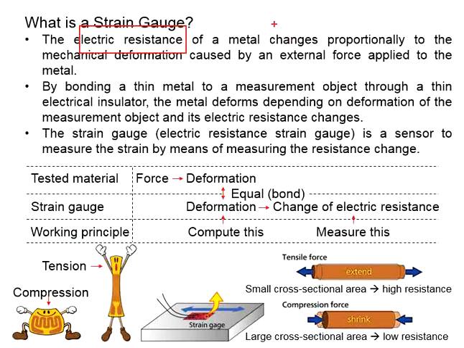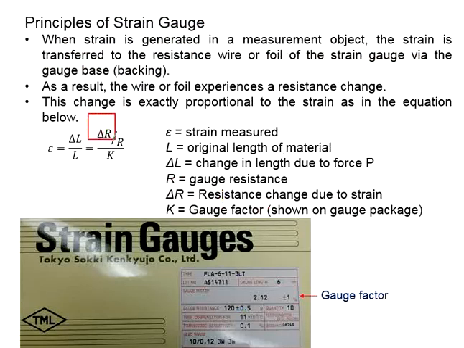Since the relationship is proportional to the mechanical deformation, the change of the resistance can also be divided with respect to the original resistance. Now the next problem is, how do you correlate the mechanical deformations with the electrical resistance? We will require a factor which is known as the gauge factor.